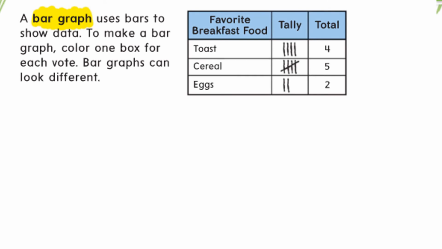So a bar graph uses bars to show data. To make a bar graph, color one box for each vote. Bar graphs can look different. So again, we started with tally marks. And then we went over to numbers.